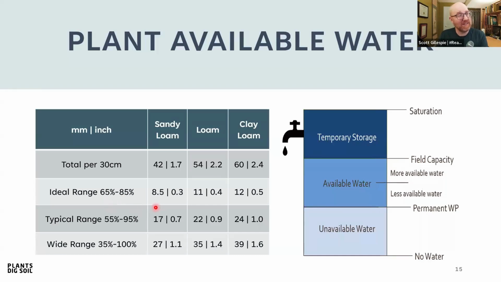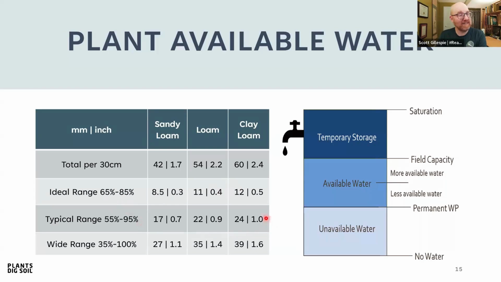But you can see you don't have a lot where the plants are their happiest. 8.5 millimeters, 11, 12. So that can disappear on you pretty fast in a matter of days.